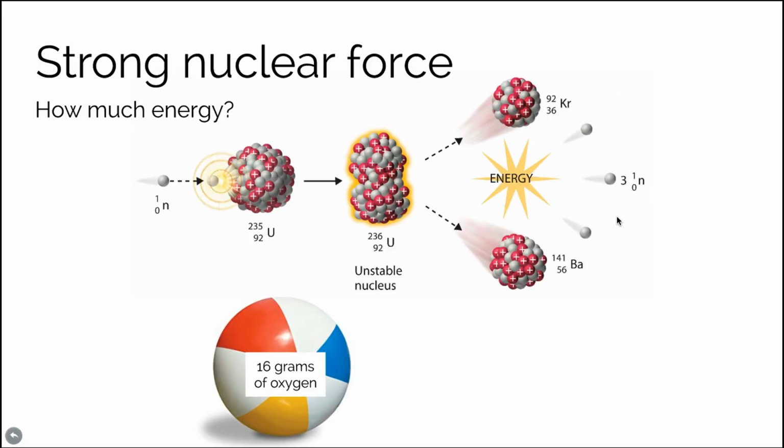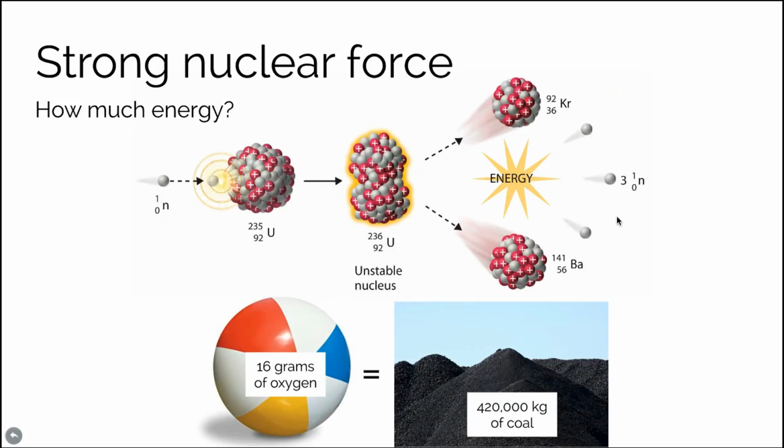If you could take every atomic nucleus of those 16 grams of oxygen and release all of the energy in the strong nuclear force, you would make about as much energy as 420,000 kilograms of coal.